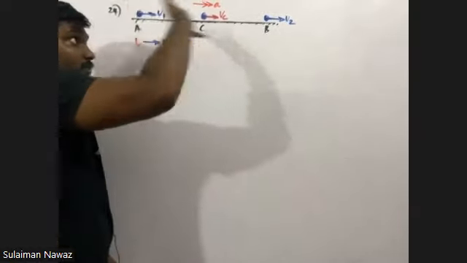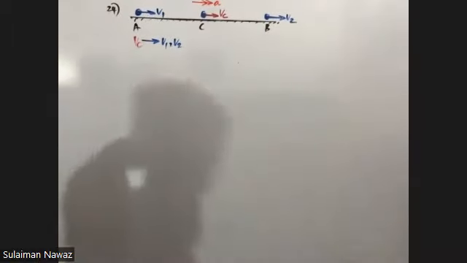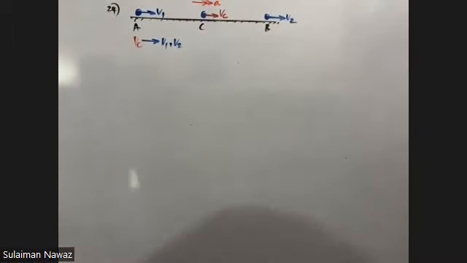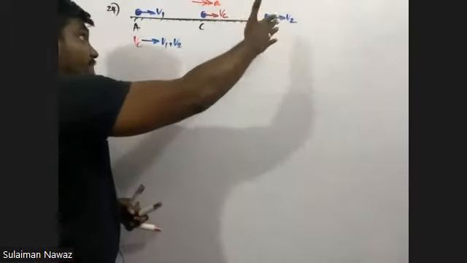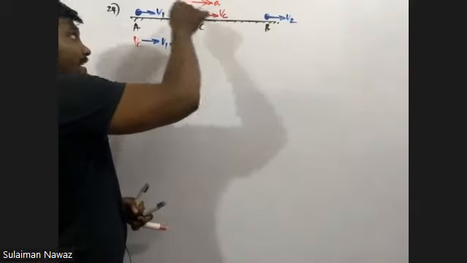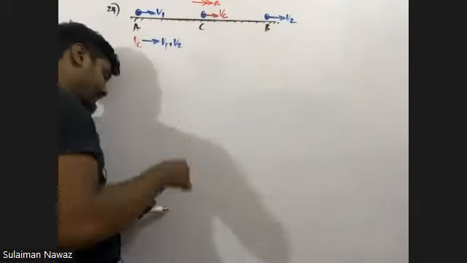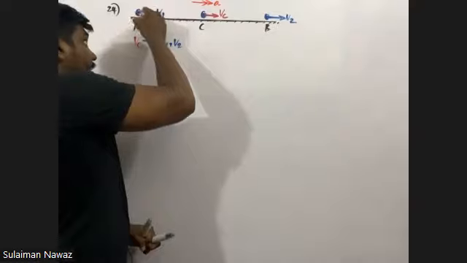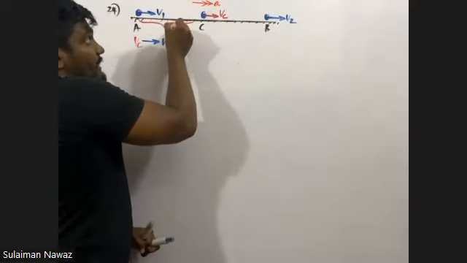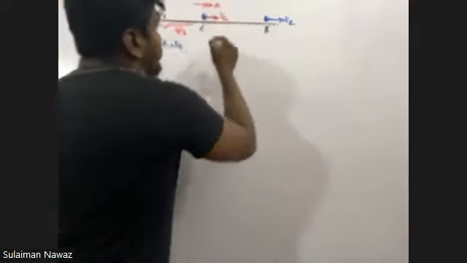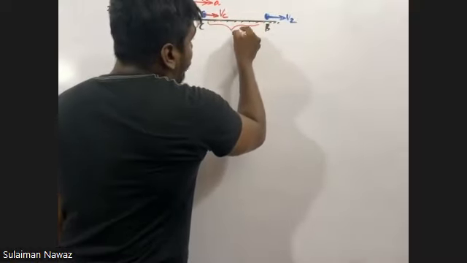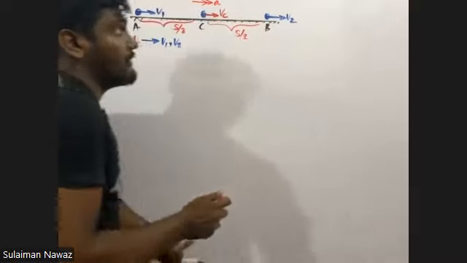So if we say total displacement from A to B is capital S, tell me, what is the displacement from A to C? S over 2. Displacement from C to B is how much? S over 2. Am I correct?